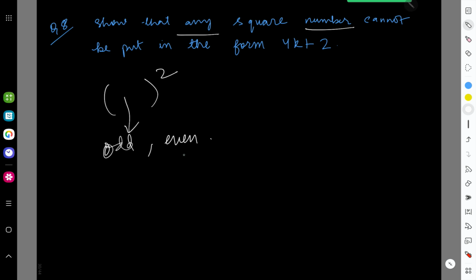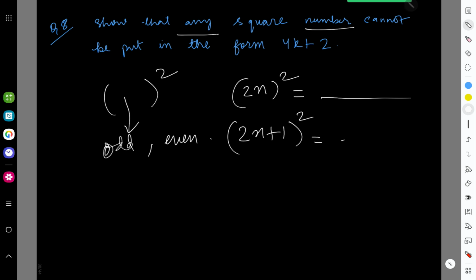So when n is even, then we'll be talking about 2n squared. When n is odd, then we'll be talking about 2n plus 1 whole square. And we have to show that the result of both these cannot be expressed in the form of 4k plus 2.